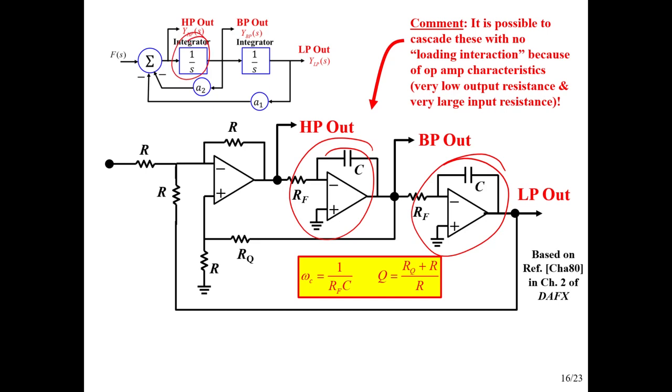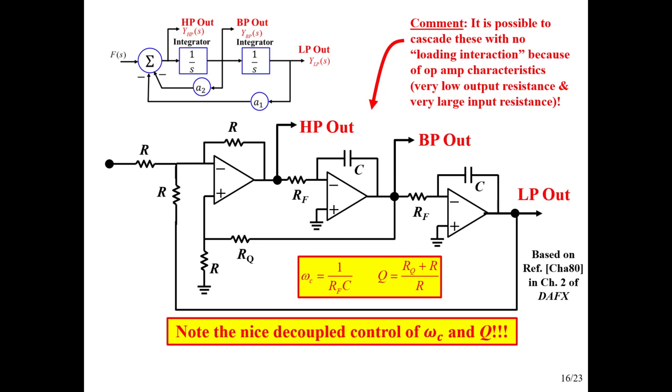When we see something mathematical here cascaded, we say one stage has no loading effect on the previous stage. But in real circuits, that can be a problem. But op amps are famous for having low output impedance and large input impedance. So they isolate each other. So each stage should have minimal, negligible impact on previous stages.